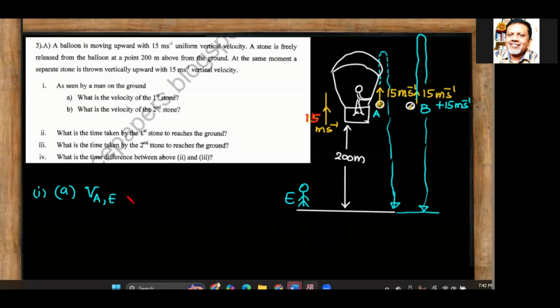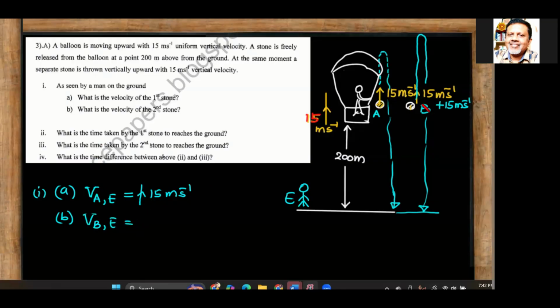So the initial velocity of stone A is just 15 meter per second, right? Upward 15 meter per second. That is what we can say about the initial velocity of the first stone. Similarly, part B, what is the velocity of the second stone? So VB relative to the earth.